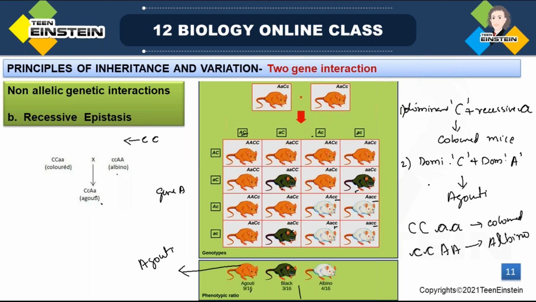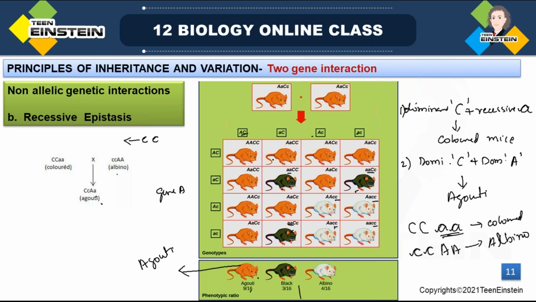Here the A gene, you can see AA. All this black color, that forms A recessive gene, that forms black color. Then agouti, how will it come?